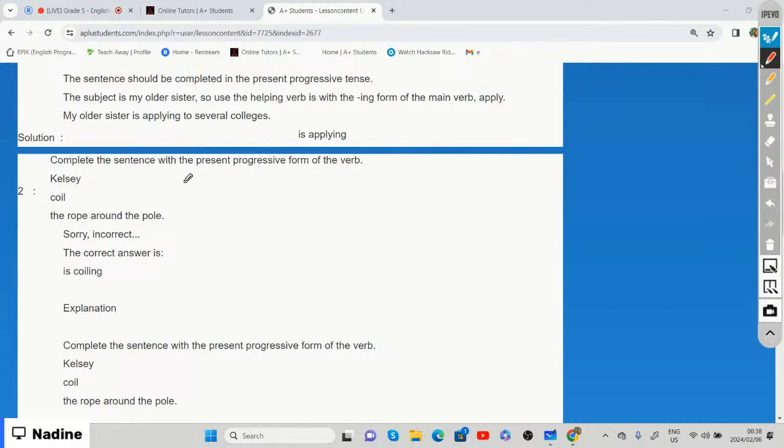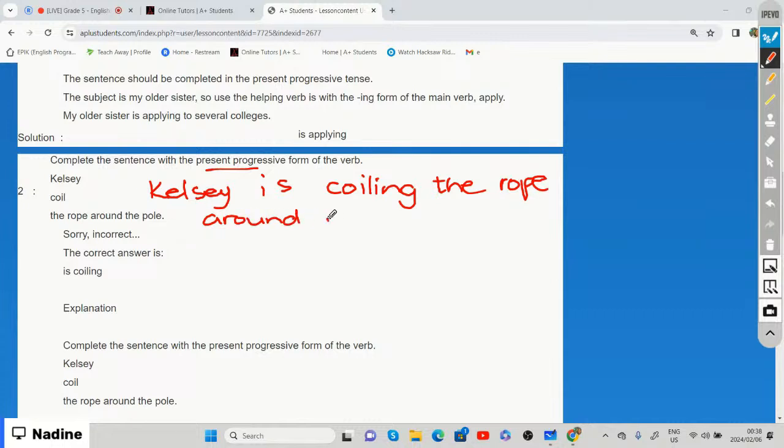So we are going to change this by saying in the present progressive tense, we say Kelsey is coiling the rope around the pole. So there we have our present progressive tense, which is referring to one specific person doing an action, coiling, ing, to show the ongoing action.